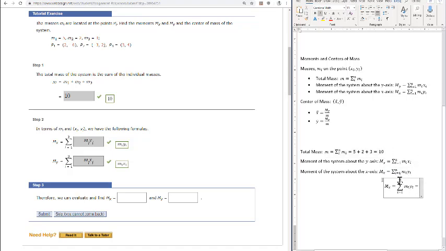So let's take a look at this and see what we need to add up to evaluate this. There are 3 of them in our example. The first one has mass 5 and a y value of -6. So the first one is going to be 5 times -6. And then we're going to add the second mass, which has a mass of 2, and the y value is also 2.